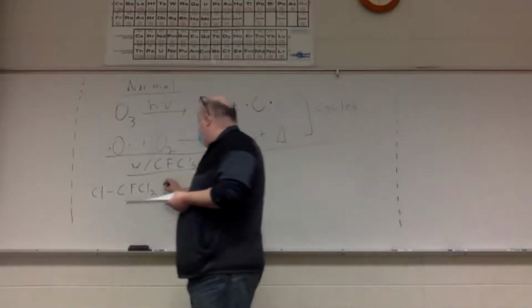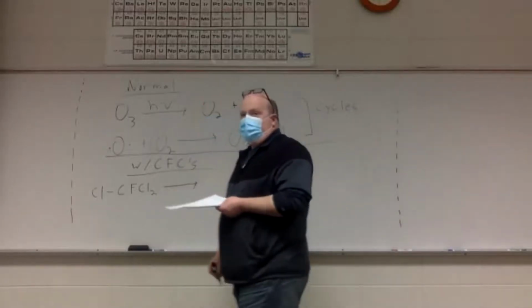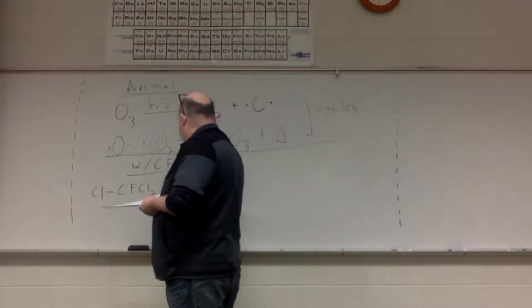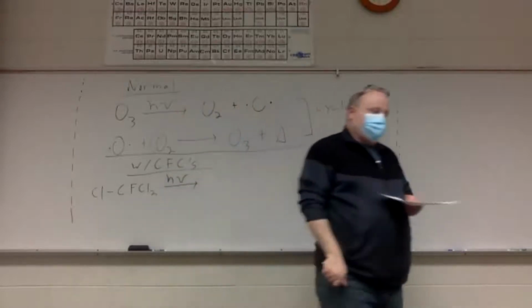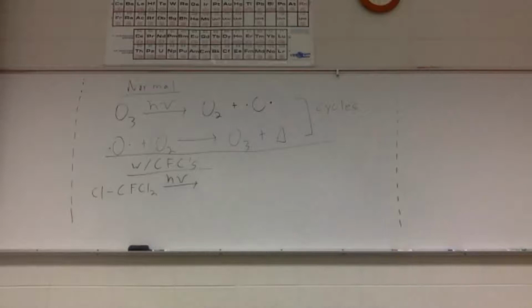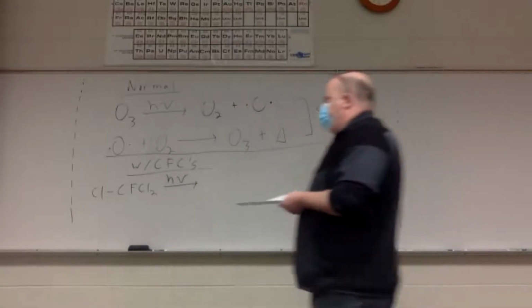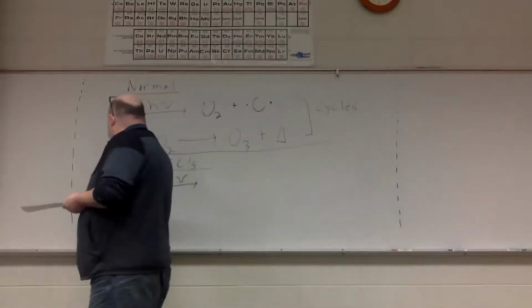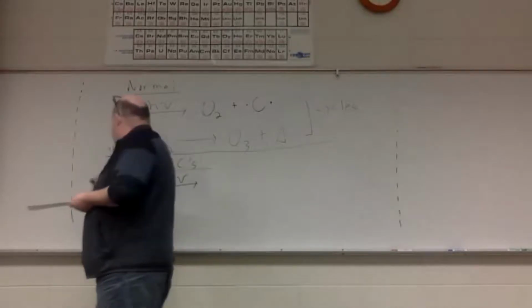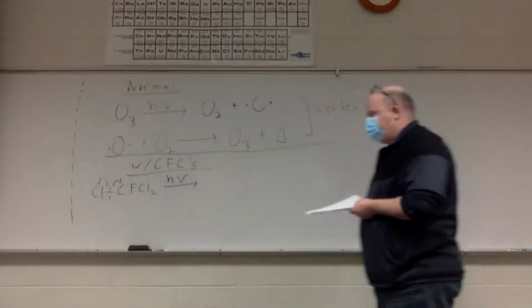All right, so what can happen is when this is hit by UV light, or by heat or another energy source, it can cause this bond to break. That's one of those C-Cl bonds.